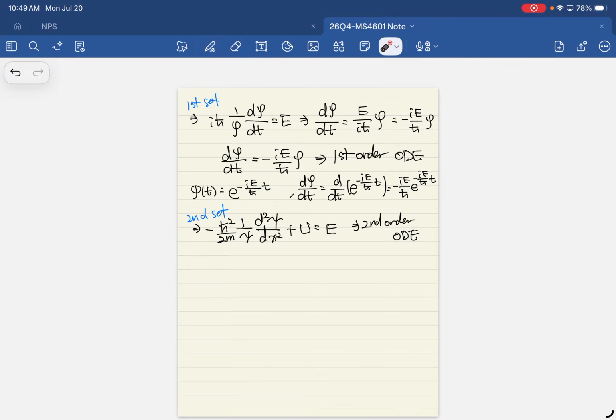Then you see this form is exactly the same as this one, right? That is how we verify the guessed solution, and we confirm that this is indeed the solution of the first order ODE.